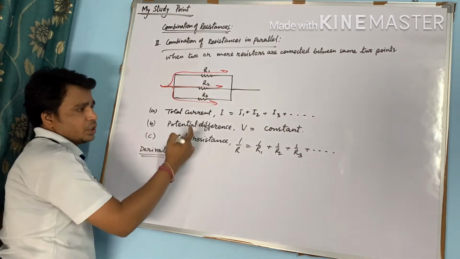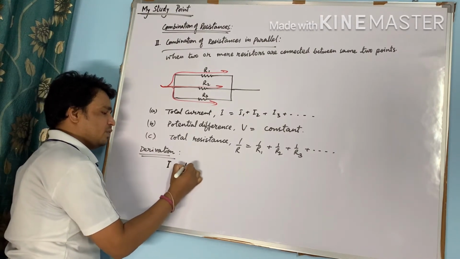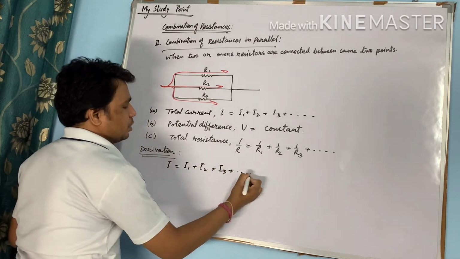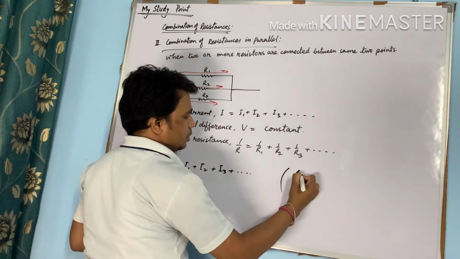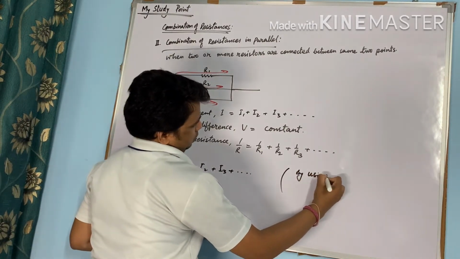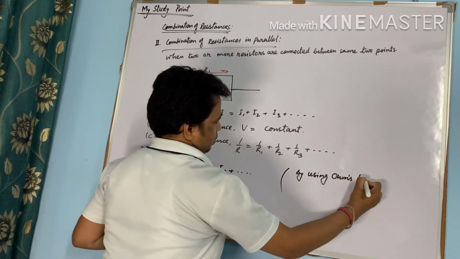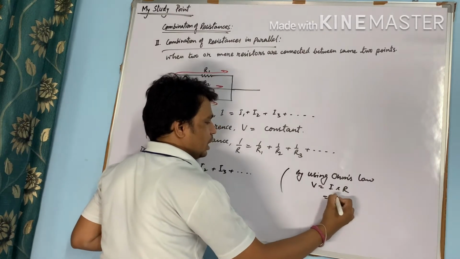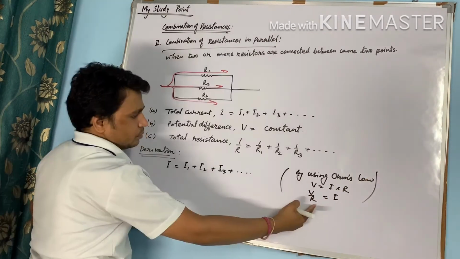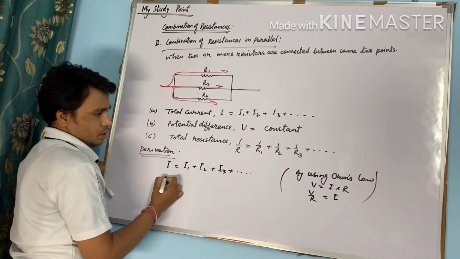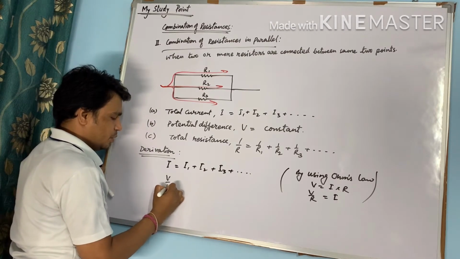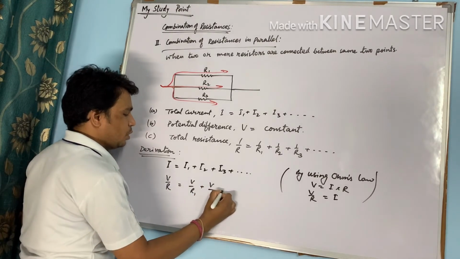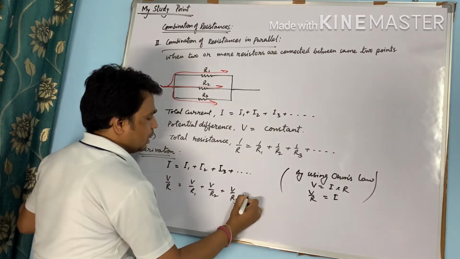In parallel, the potential difference is constant, but the current is I1 plus I2 plus I3 and so on. By using Ohm's law, V is equal to I into R, or I is equal to V upon R. So I can be replaced as V upon R, which is equal to V upon R1 plus V upon R2 plus V upon R3 and so on.